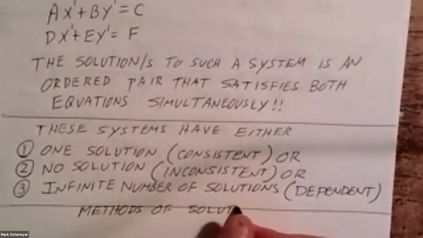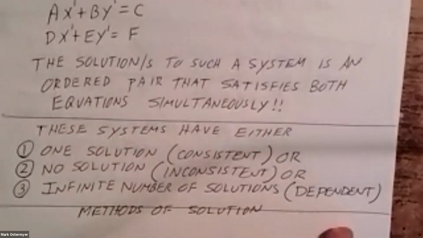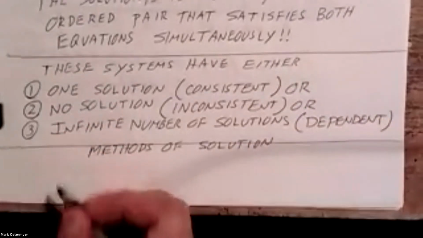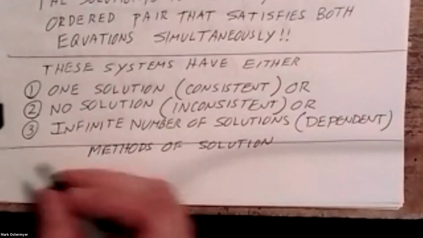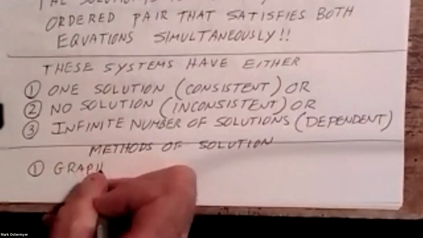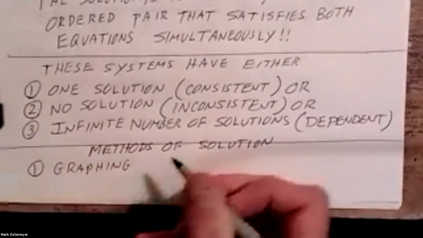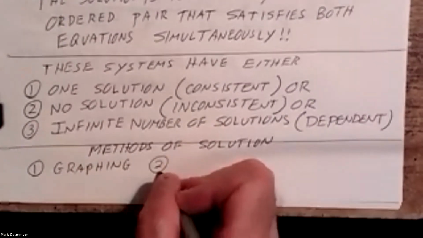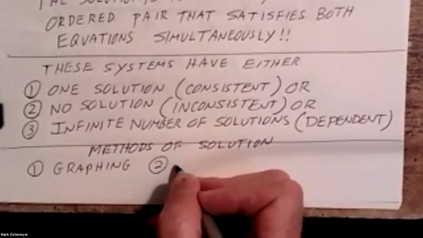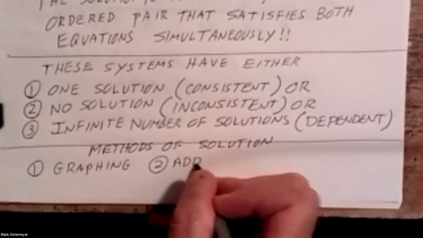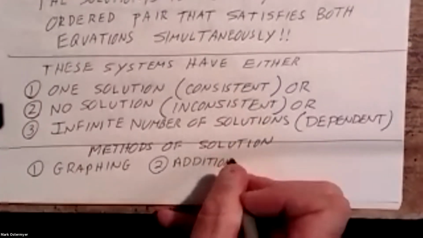Methods of solution. There's three main methods of solution that we will show you before the week is over. First method is called the graphing method. We're going to show you that today. Second method is referred to as the addition or the elimination method.